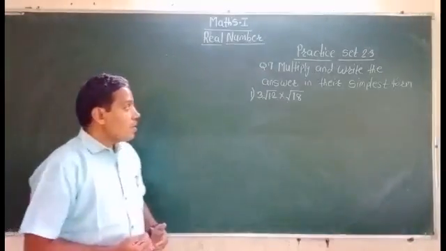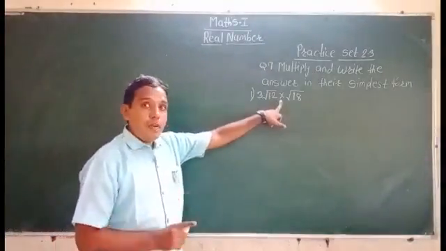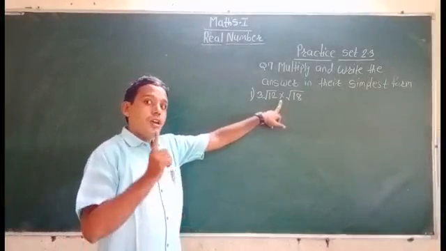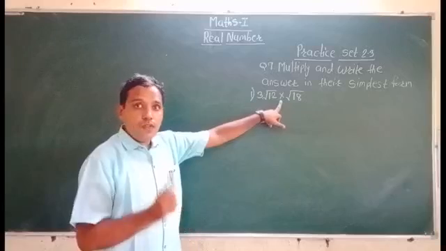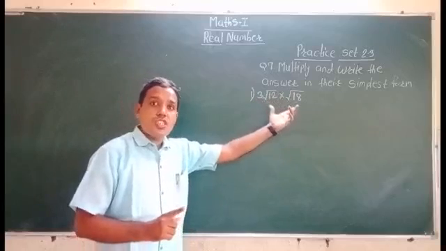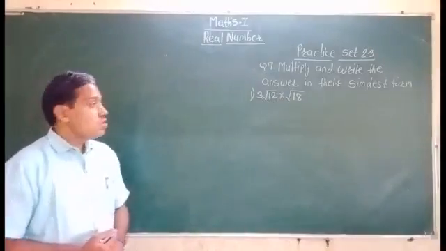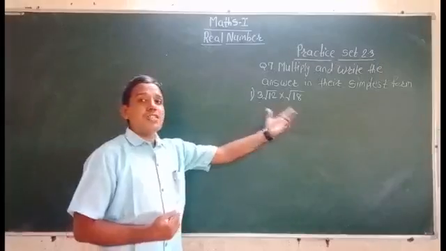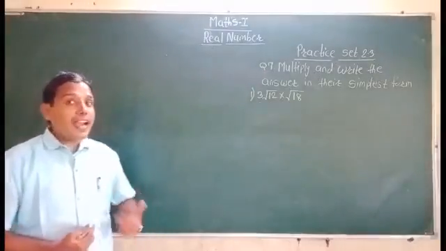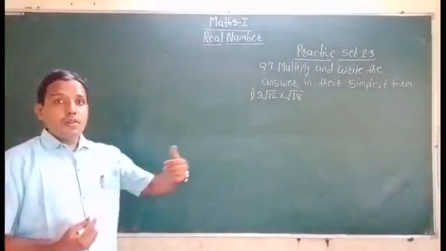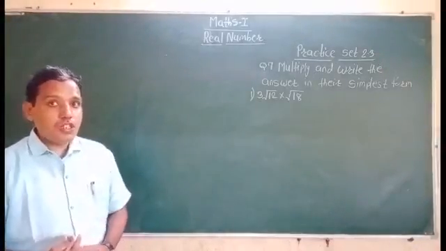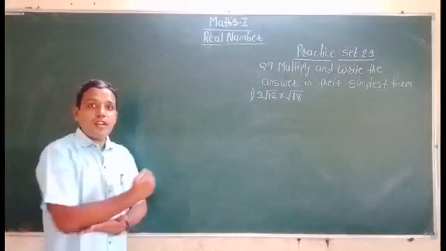To get the multiplication, first of all we have to simplify those surds to their simplest form. How can we simplify those surds to their simplest form? By taking the prime factor method.